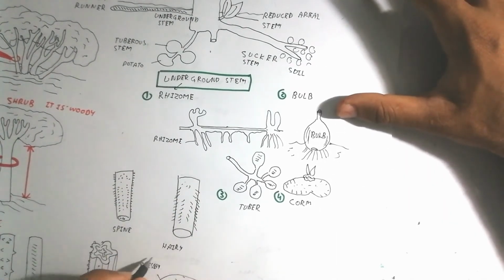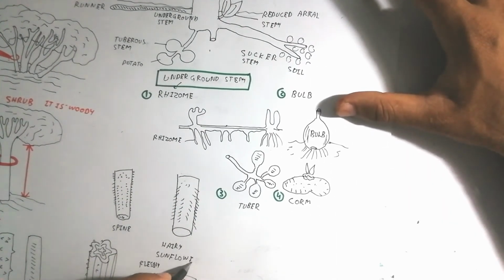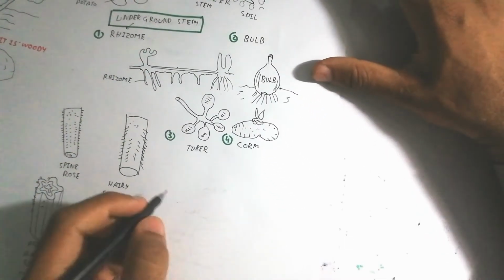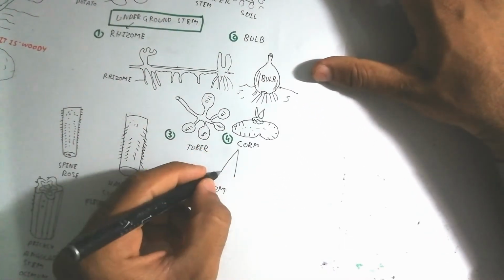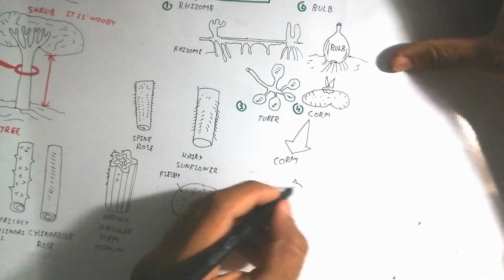And here is the bulb. The bulb is the structure in the onion, and the rhizome is in the form of ginger.